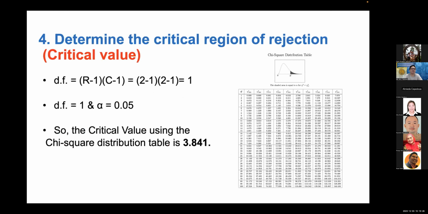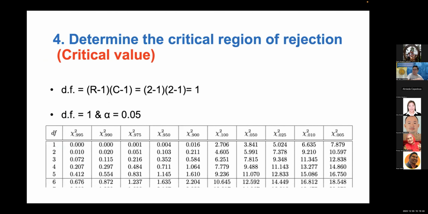So the next step is to determine the critical region of rejection or critical value using our degrees of freedom. Using the chi-square table, you can see here that our degrees of freedom is 1 at the 0.05 level.